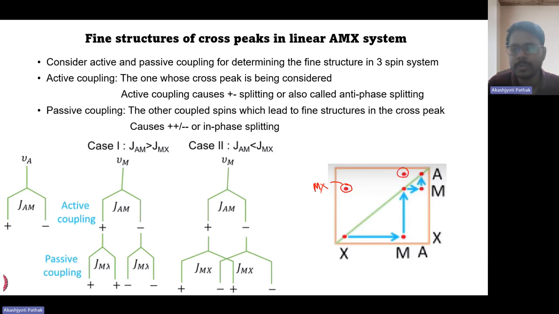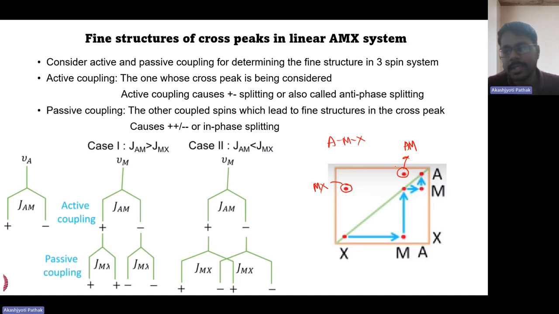Similarly, this peak is A on the F1 axis, M on the F2 axis. So this is the AM cross peak. So this is actually the right one. I have somehow by mistake shown the spectra for the triangular AMX system. I will rectify it, but this is the spectra that you will get for a linearly arranged AMX system.